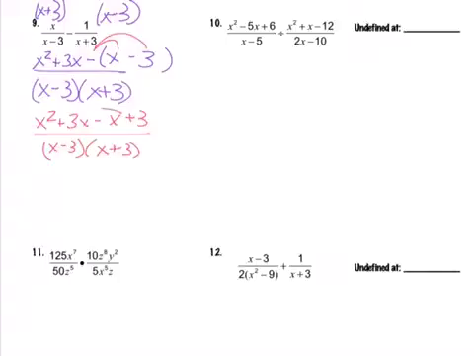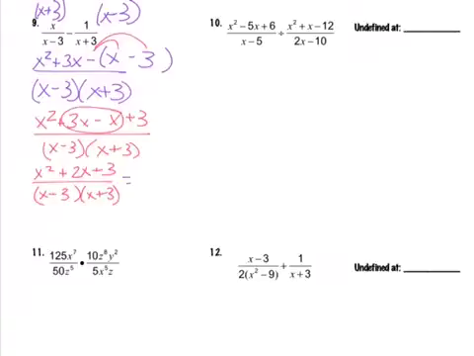Now I'm going to combine like terms. So I have x squared plus 2x plus 3 all over x minus 3 and x plus 3. And then I'm going to try to break this up, thinking about it.